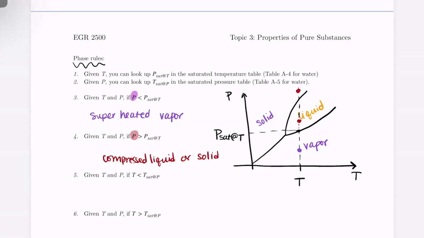Now we're going to have a look at a pressure. So let's say that we have some pressure, and I'm going to draw, this is getting busy. I'm sorry, guys. So this is our pressure line. All right, and our temperature is less than the saturation temperature. So our saturation temperature, there's two choices for this.